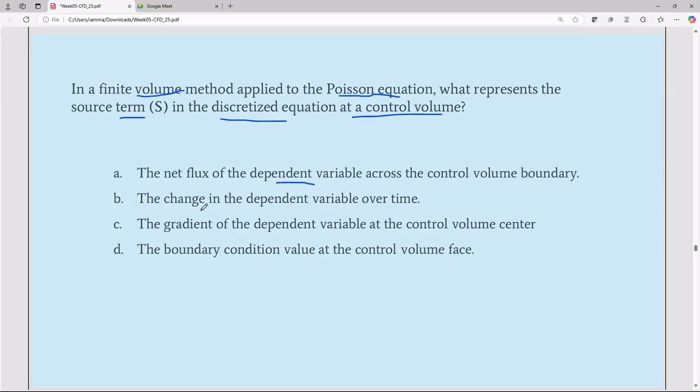Option B, the change of dependent variable over time. Option C, the gradient of dependent variable at the control volume center. Option D, the boundary condition value at the face of a control volume. You can inbox your answers. So, what does the source term in Poisson equation actually represent when discretized over a control volume using the finite volume method?